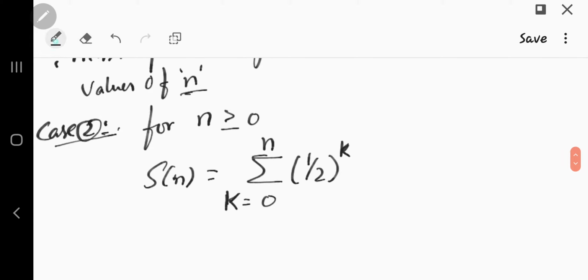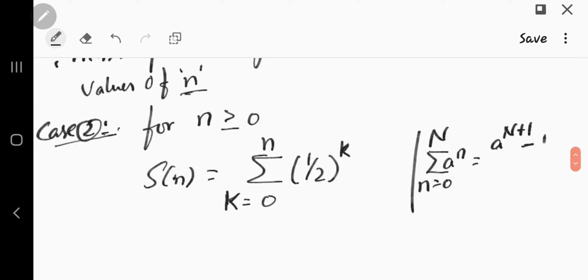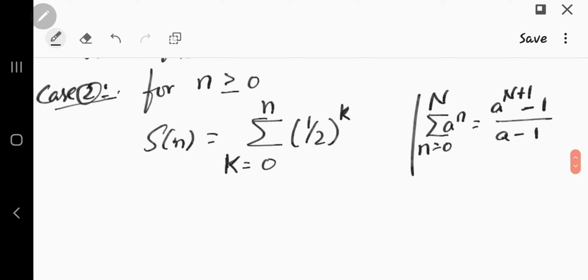From geometric series, we have a relation: summation n is equal to 0 to capital N of a to the power of n is equal to a to the power of N plus 1 minus 1 divided by a minus 1. Now, if you compare this, we have k here and n here.